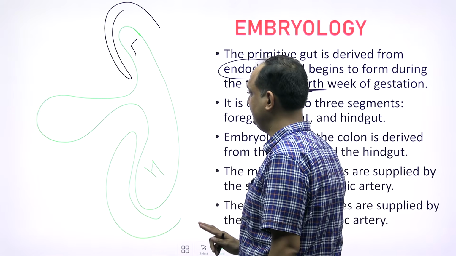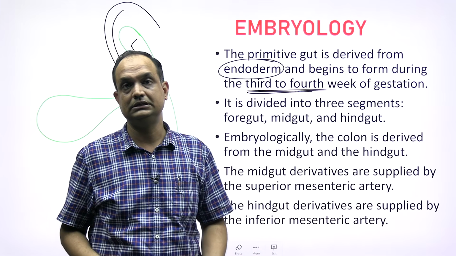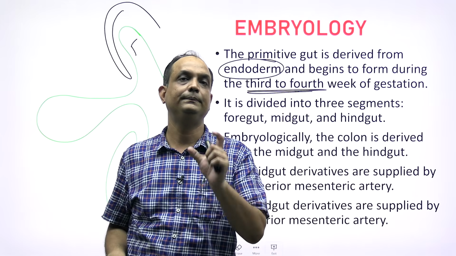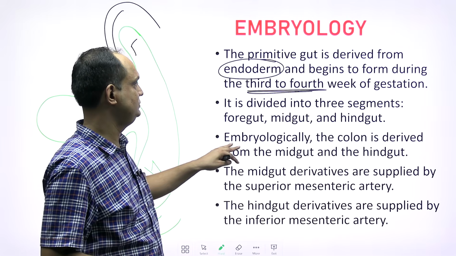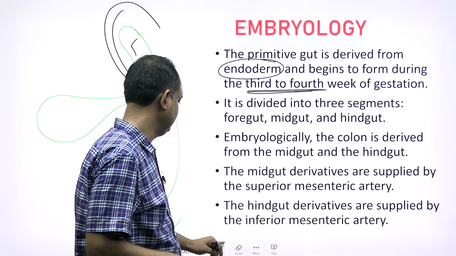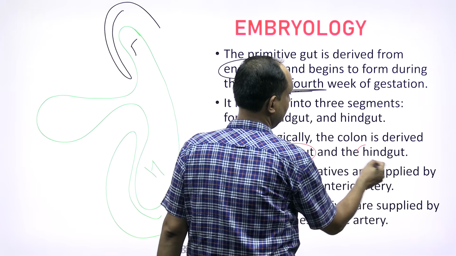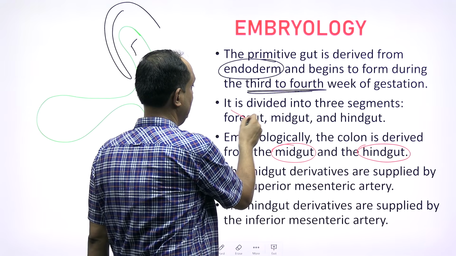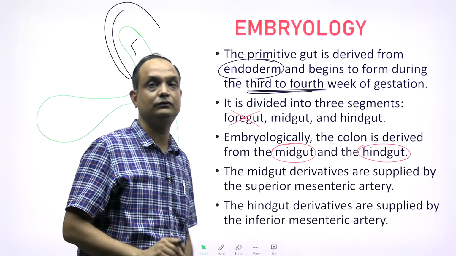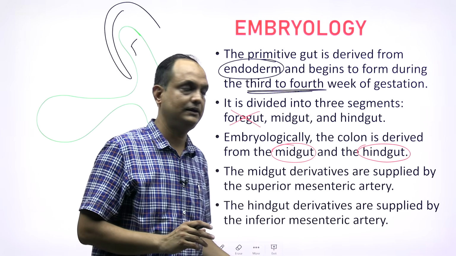The important thing to understand is that when you talk about the large intestine, we are talking about the midgut and hindgut. We will not talk about the foregut. Embryologically, the colon and its different parts are derived from either midgut or hindgut. Keep in mind that the foregut does not contribute to the colon or the large intestine.